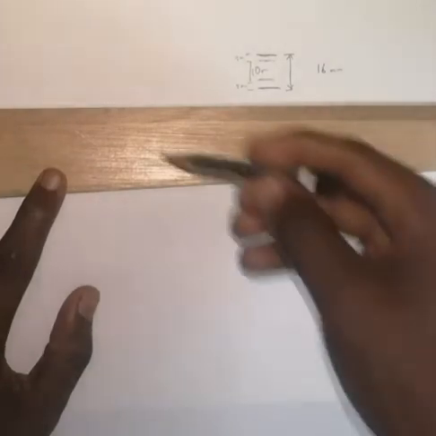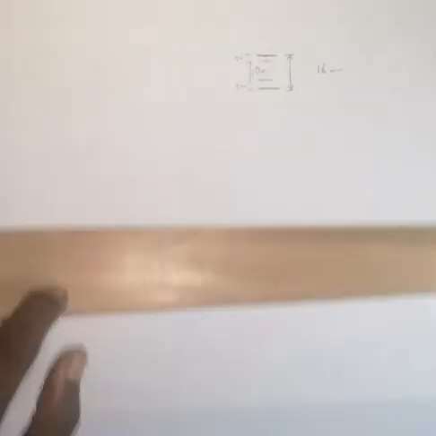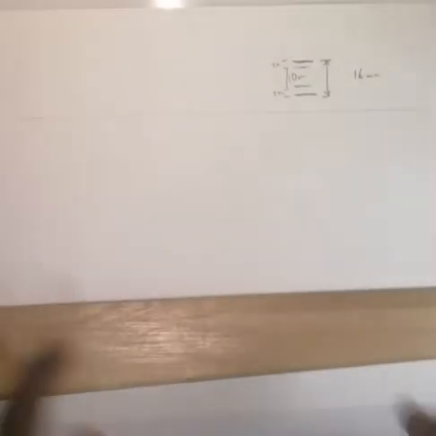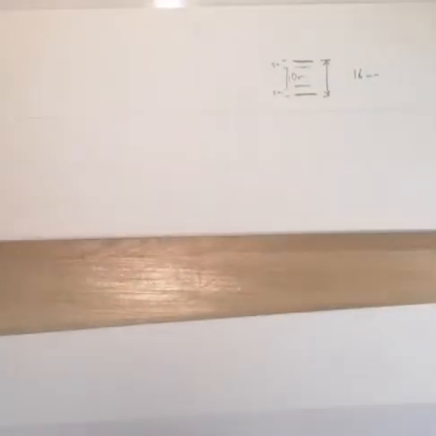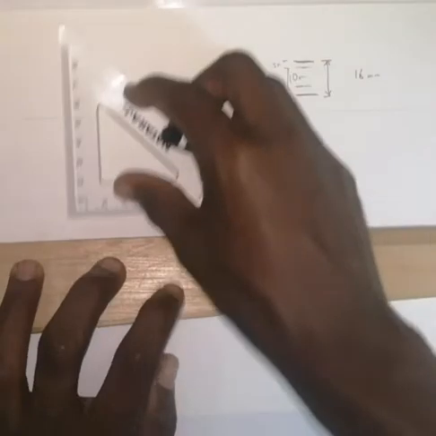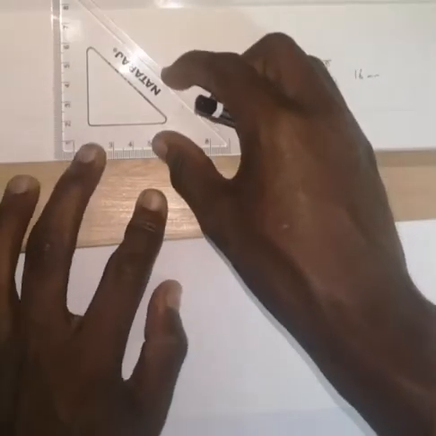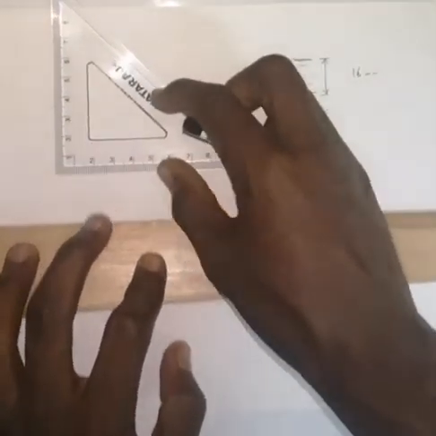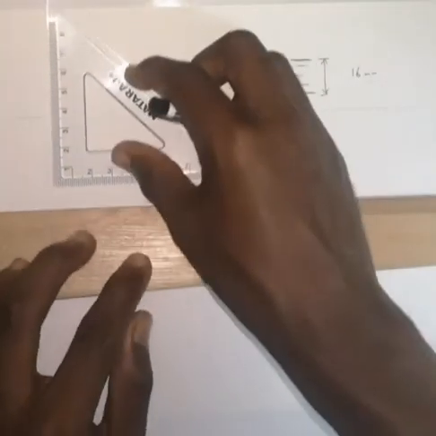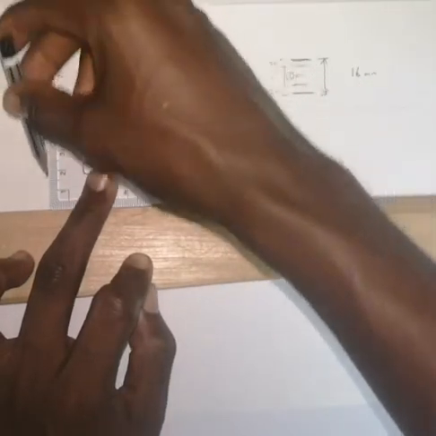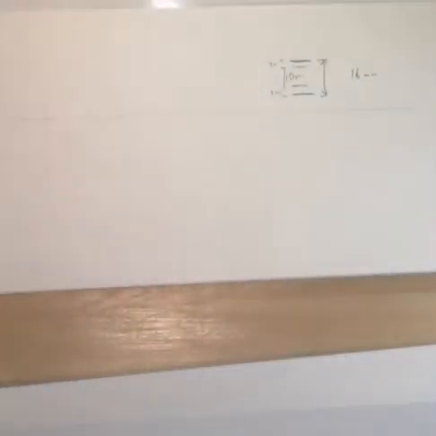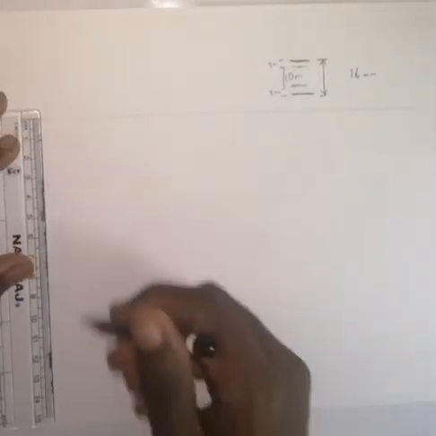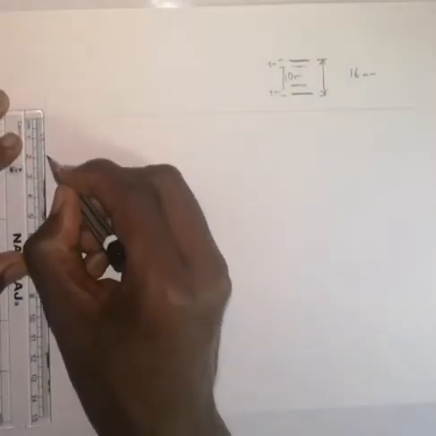So first we are going to draw our line, then we would draw immediately. That's a thin line. For this one, I wouldn't use the marker, I would use just the pencil. I'll try my best to make sure that the pencil looks both thin and thick. And then I would measure out my 16.